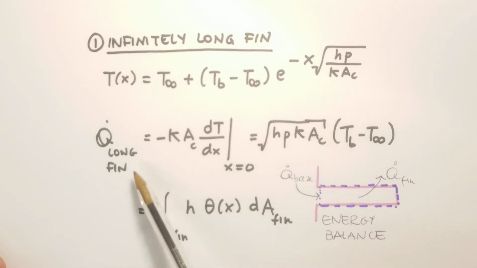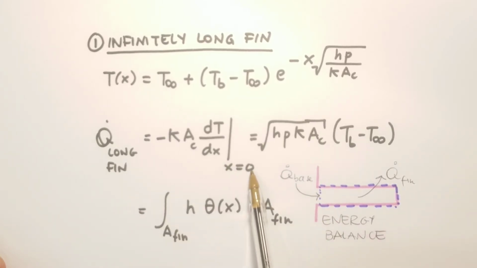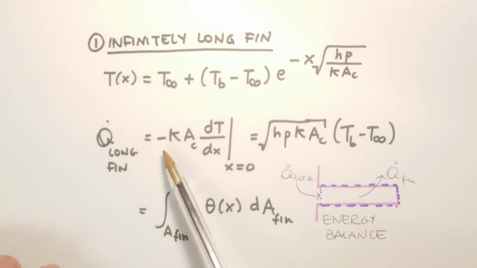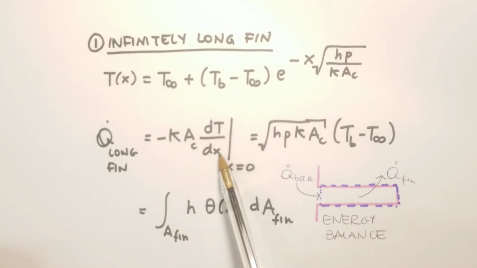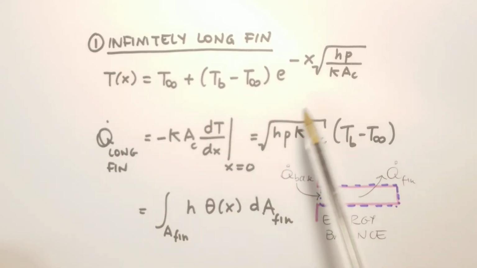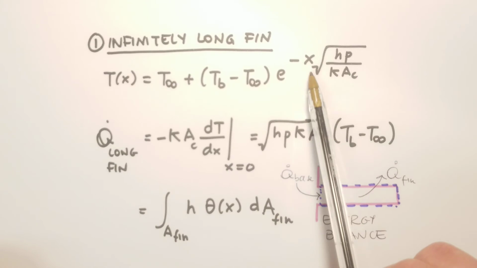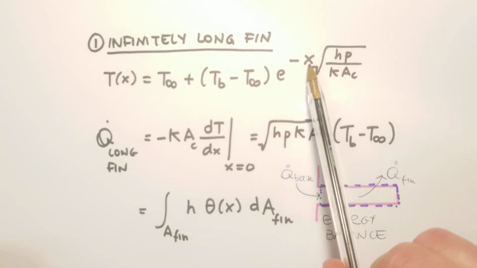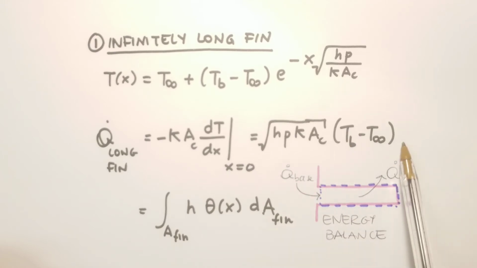What we can do, we can also compute the Q that's extracted at x equals 0 at the base of the fin. So we use Fourier's law of conduction at the base, so minus k Ac dT/dx at x equals 0. So we take this expression and we take the derivative of this expression with respect to x, and then we set x equals 0, we find this expression.